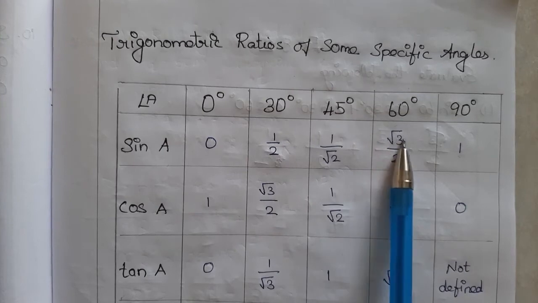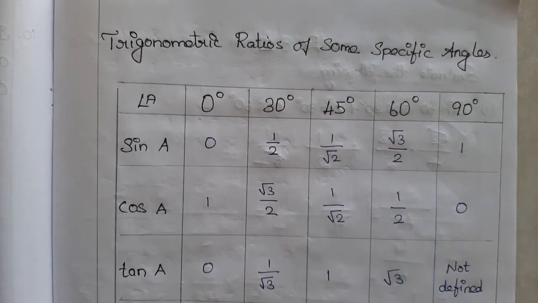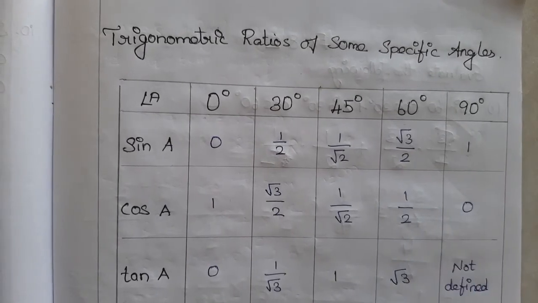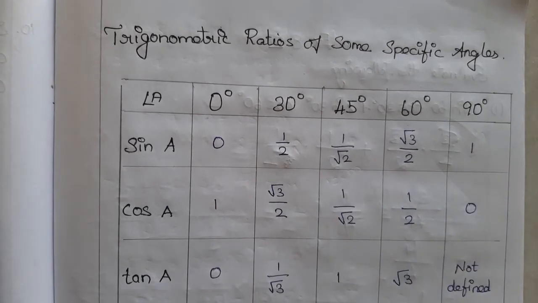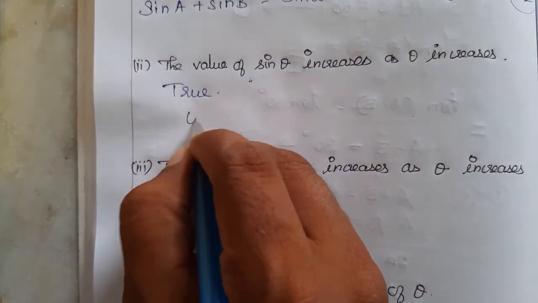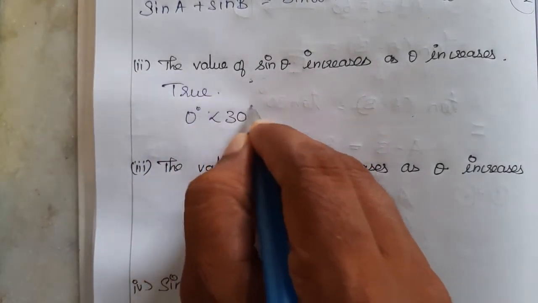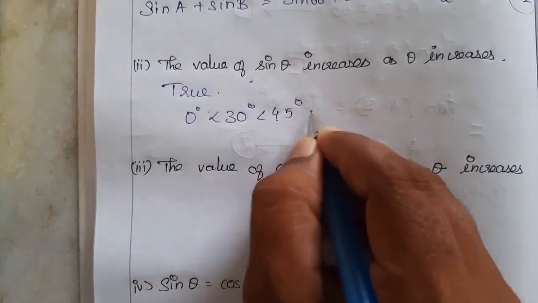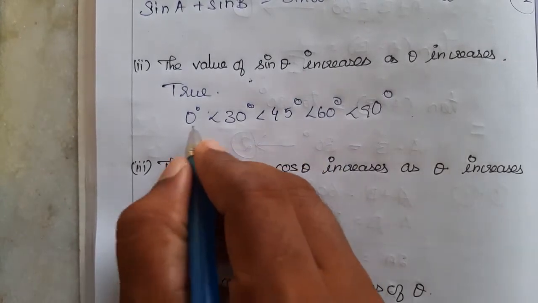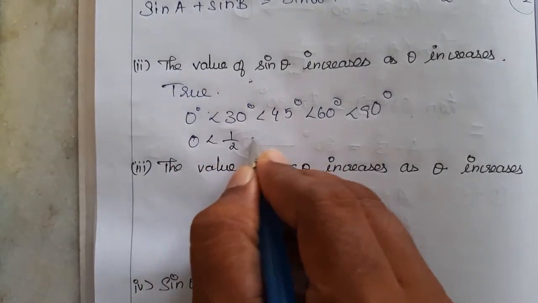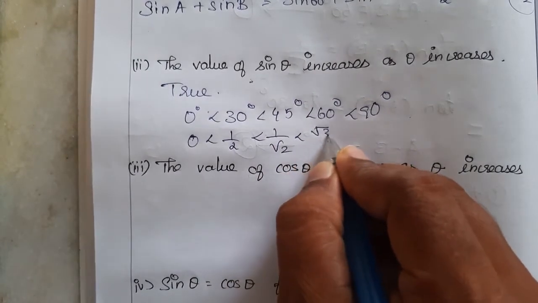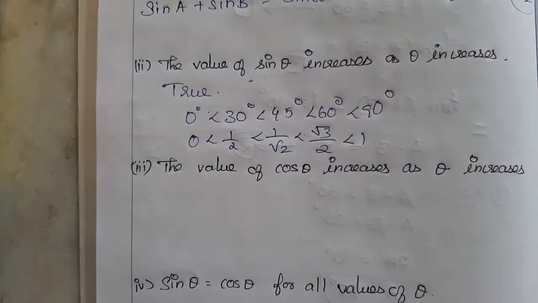And here square root of 3 by 2, square root of 3 is 1.7 something, by 2, sure it is also increasing, and here is also increasing, right? So then it is true. Since theta is 30 degree, 45 degree, 60 degree and 90 degree is increasing, the values are also increasing: 1 by 2, 1 by square root of 2, less than square root of 3 by 2, and less than 1, right?